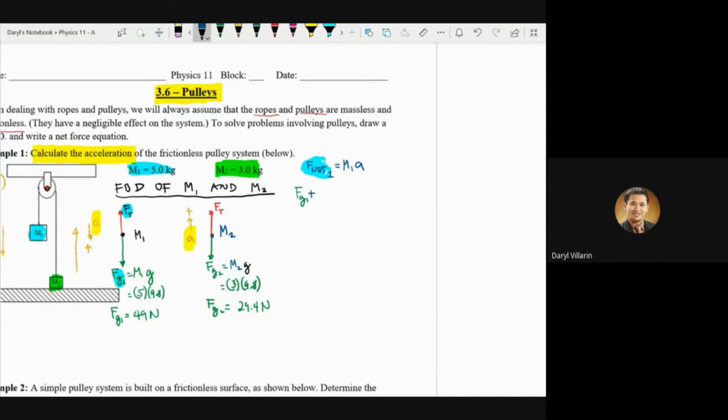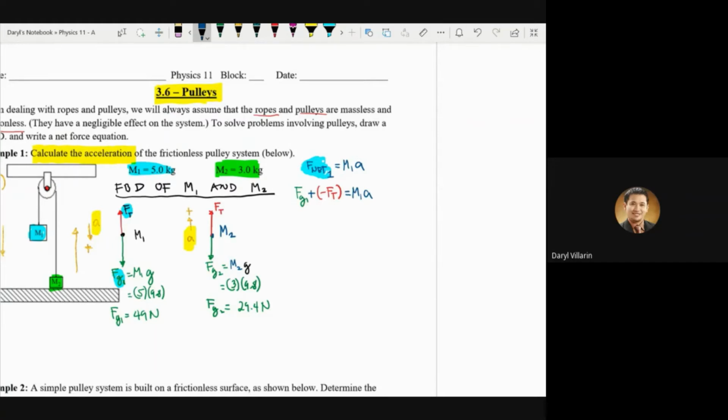Then plus, again, Ft there represents the magnitude of my tension force. So that would be the negative of Ft, because I'm setting the downward direction as positive. So therefore, the direction of your Ft here is upward, so it's a negative value, is equal to M1 times A.